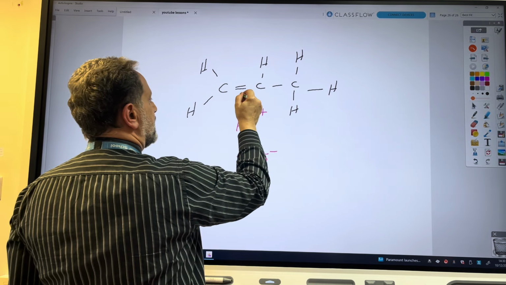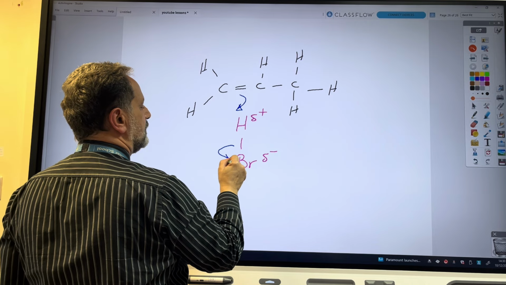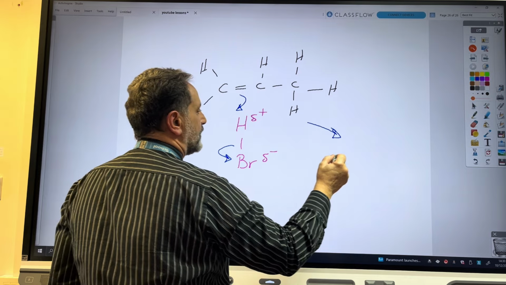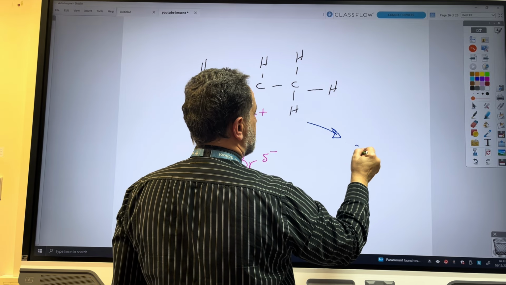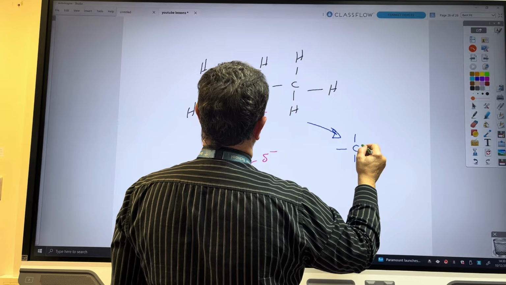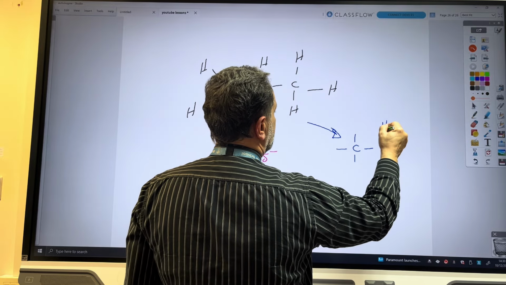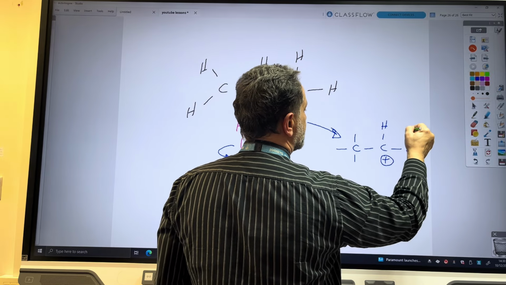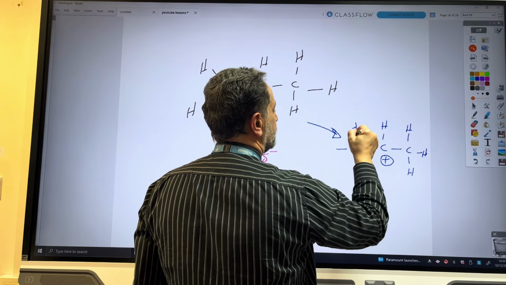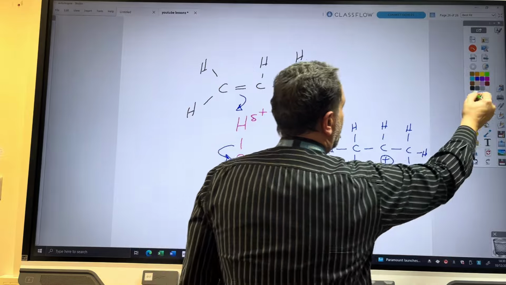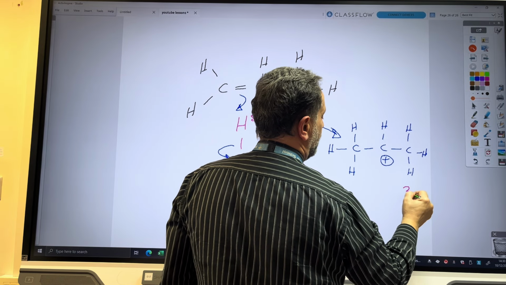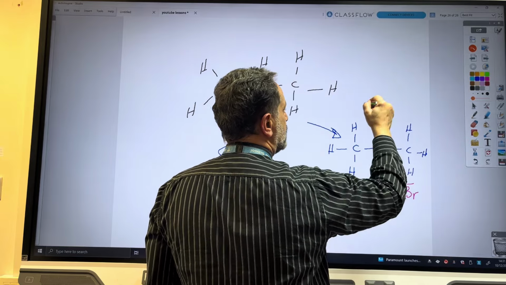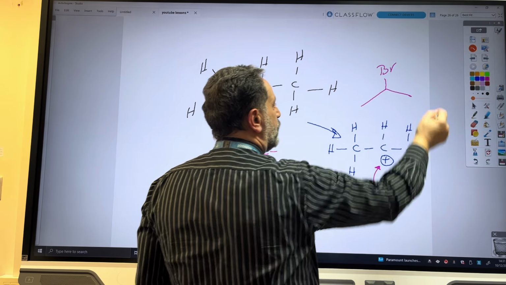So let's consider this scenario, therefore. Let's say that the two possibilities are, just to speed things up so you don't get too bored, you have that carbon that turns into a positive charge, and then that into 3 hydrogens. And therefore, the bromide ion will attack that one to produce 2-bromopropane.